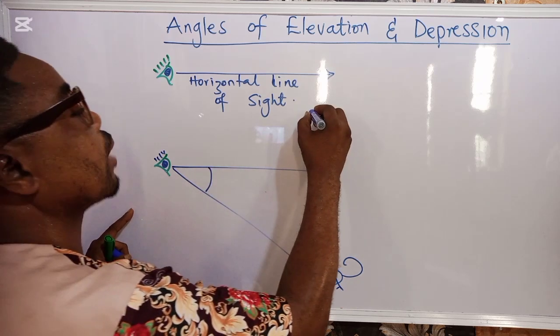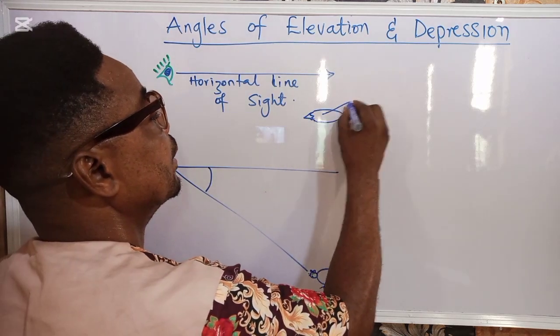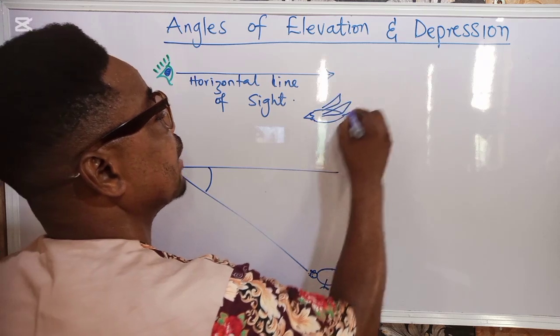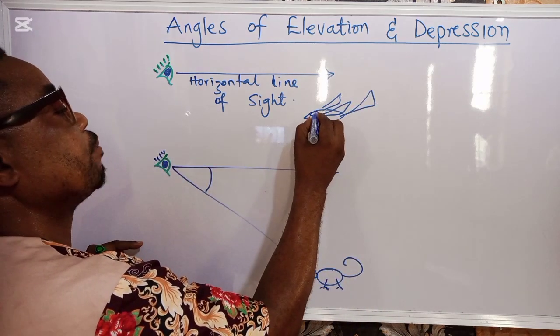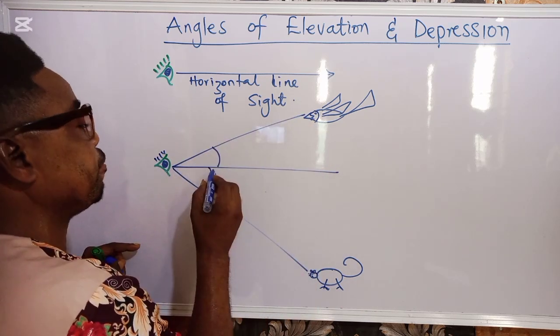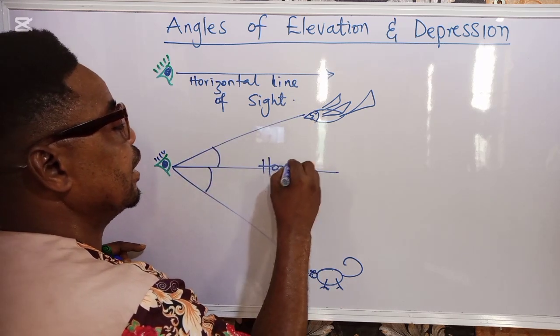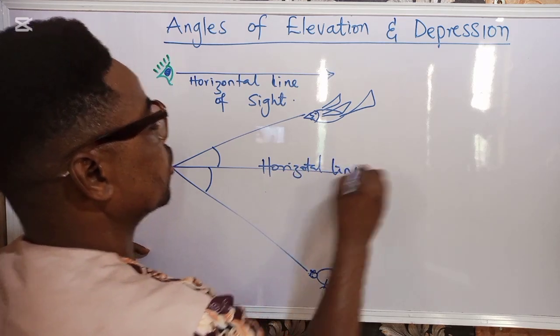And if it's to look at this bird that is flying like this, also an angle is formed from the horizontal level of sight, horizontal line.